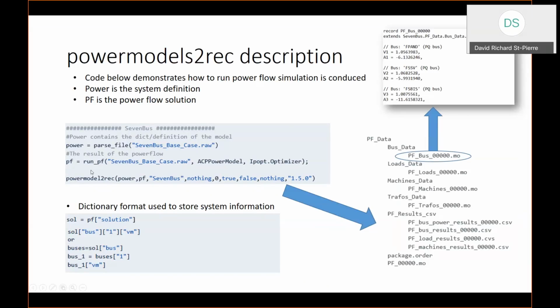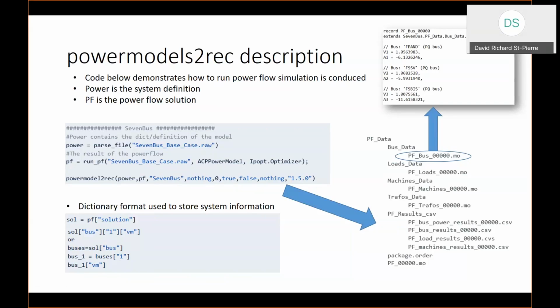This next line again takes the 7-bus input file, as well as the specification for what type of PowerFlow solution you want to solve, as well as a math utility that's passed to it. This is where the PowerFlow is actually being run with the run pf command. It takes that input file, runs the PowerFlow computation, and saves the solution in this pf variable, which again is a Julia dictionary format.